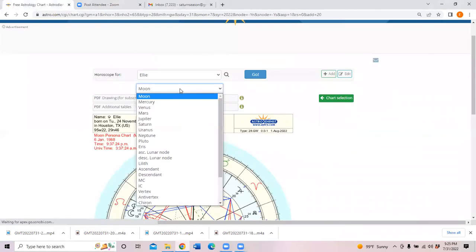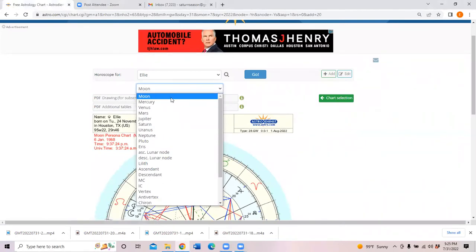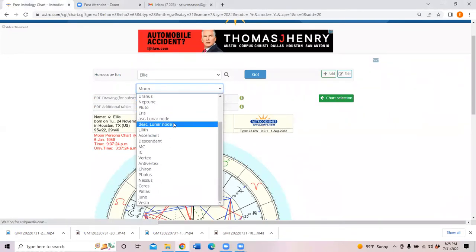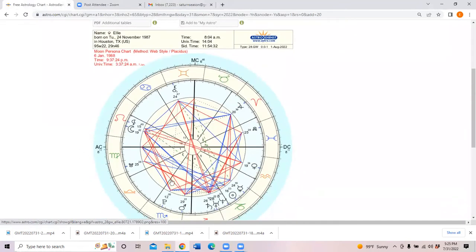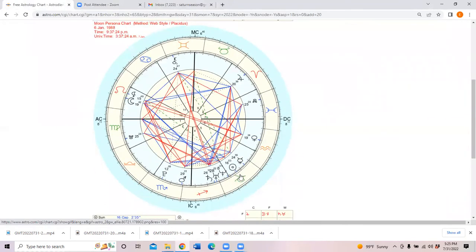Now, as you can see, on astro.com you can pull the persona chart for each of these. Essentially how the persona chart is calculated, and we'll pretend for a second that this is my natal chart, is when the transiting sun throughout the first year of life makes its way around the wheel, it will conjunct natal planets, right?